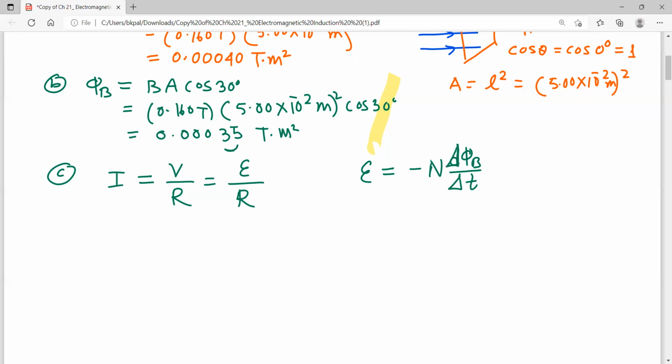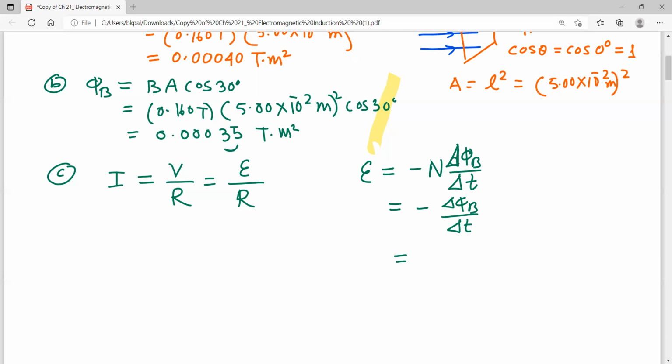Here N is one loop, so we don't need to write N. We are interested in the magnitude, so you don't need to worry about the negative sign.